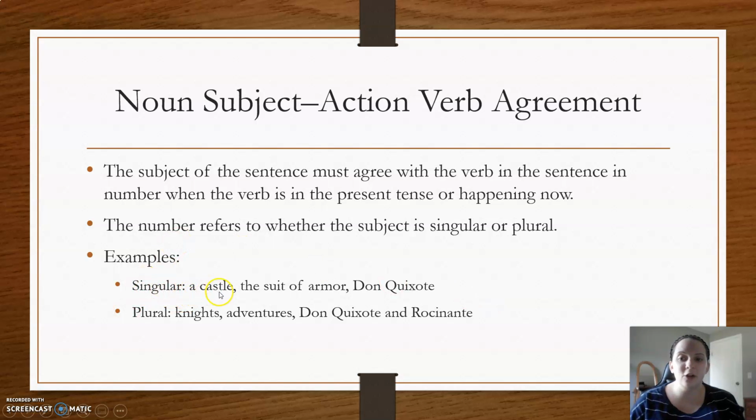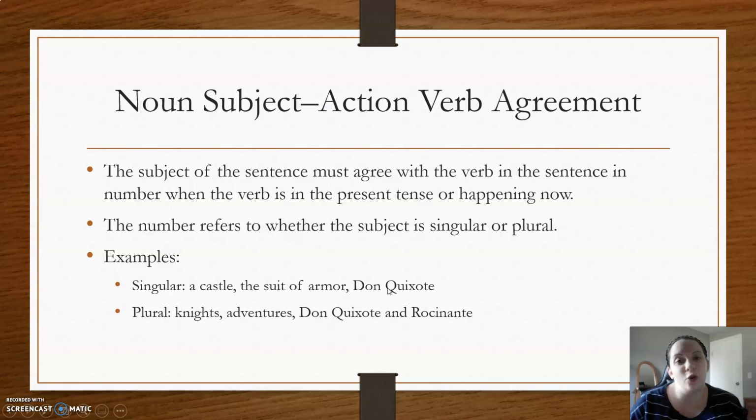So if you're talking about a singular item, like a castle, the suit of armor, Don Quixote, those are examples of a singular noun. Now if I were to add jump to Don Quixote as my verb, I would have to add an S to make it present tense. So Don Quixote jumps over the fence.